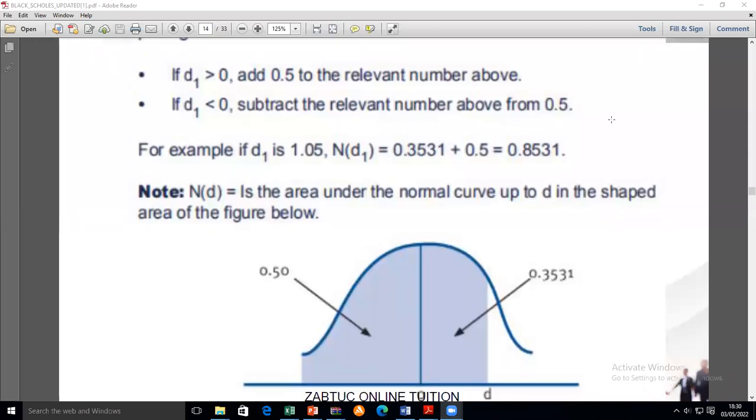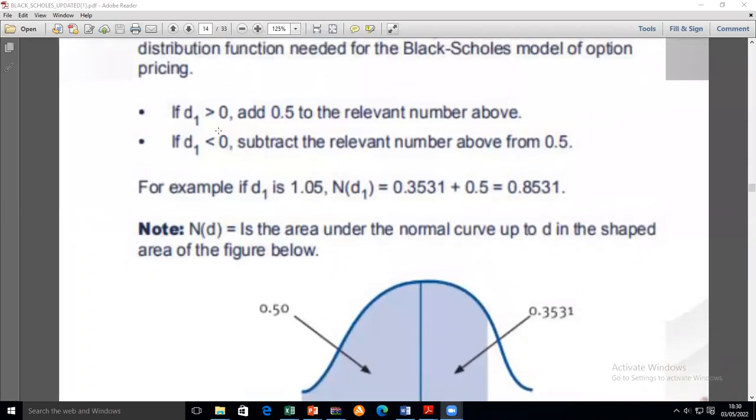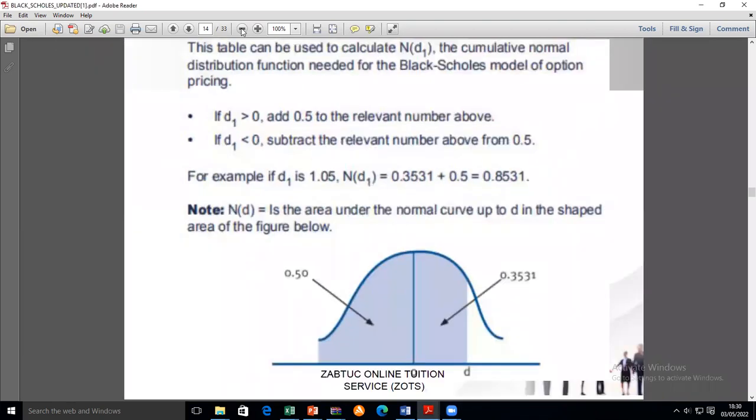Let's look at the explanation together. If our D1 is greater than 0, you add 0.5, this one here. So if it was on this side, to start from here, you add your 0.5.